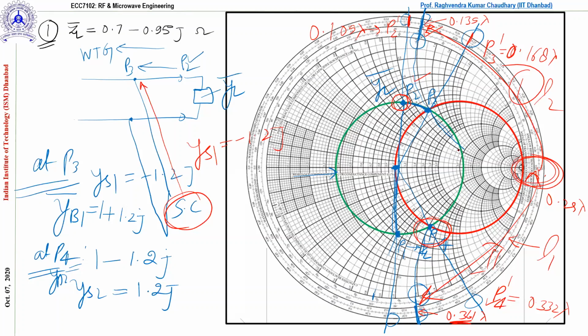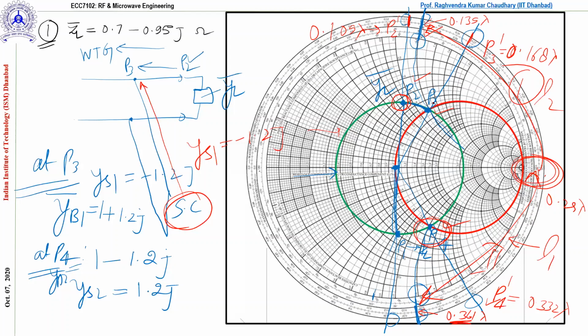Now when you draw this constant gamma circle, which is in green, it will cut at 2 points, correct? And these points are really very important, because if you see the point P3, you can find its G and B. So you can write 1 plus 1.2J. This is YB.